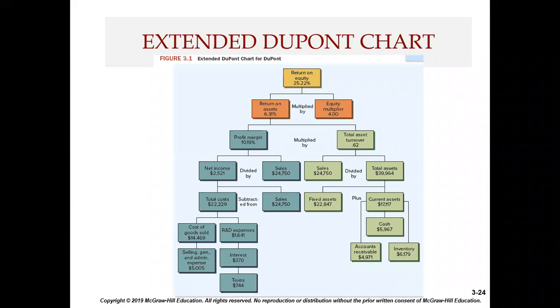Okay, return on assets is the profit margin multiplied by the total asset turnover. What's total asset turnover? Sales divided by total assets. What's total assets? Fixed assets plus current assets. Current assets, we have cash, accounts receivable, and inventory.